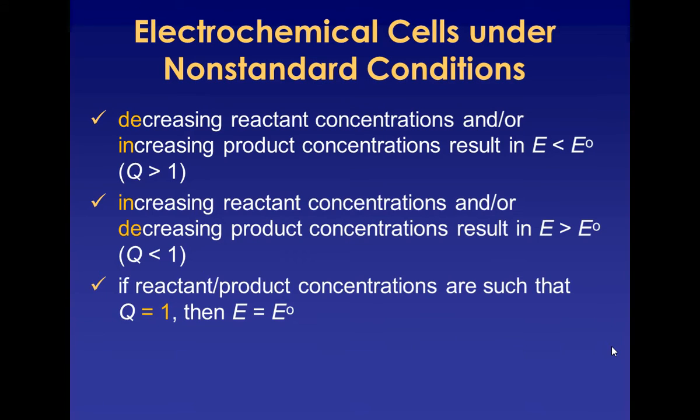If we added a component to our reaction mixture that caused our reactant concentration to decrease or increased our product concentration, we would be consuming more of the materials that we had present. And electrochemical cells are going to decrease in voltage until they reach a point where they have consumed everything that's available.